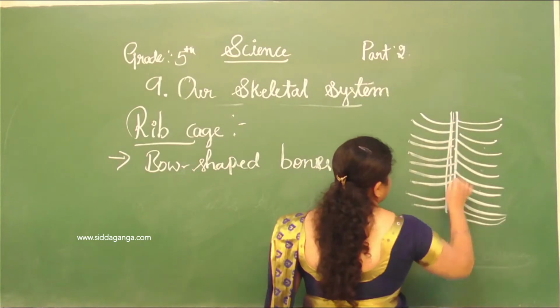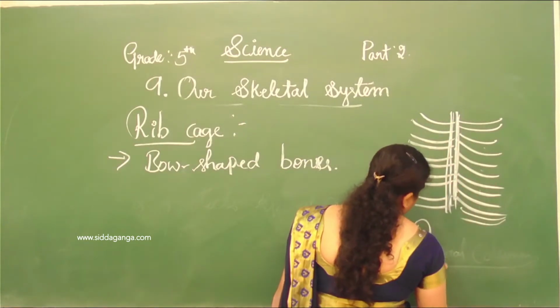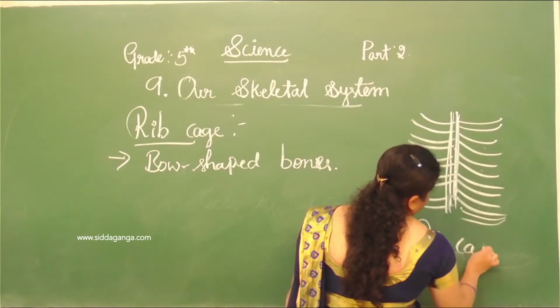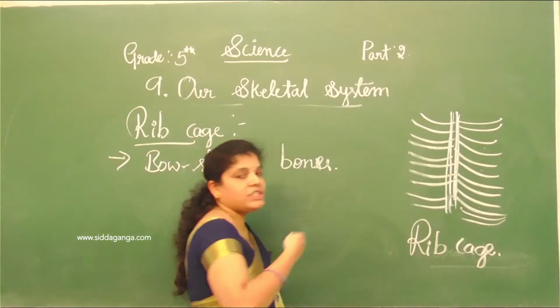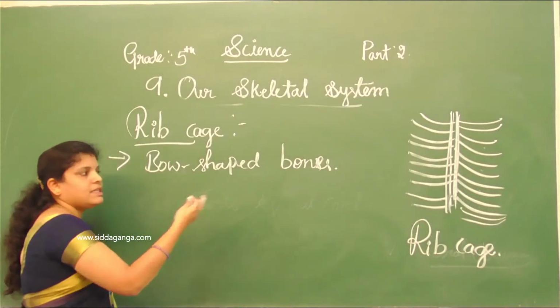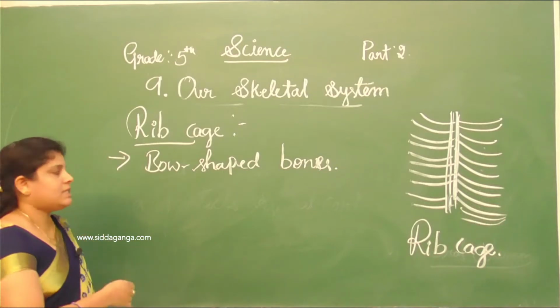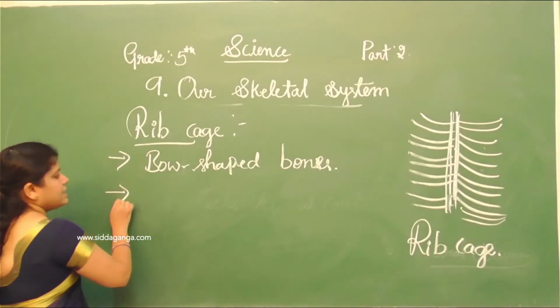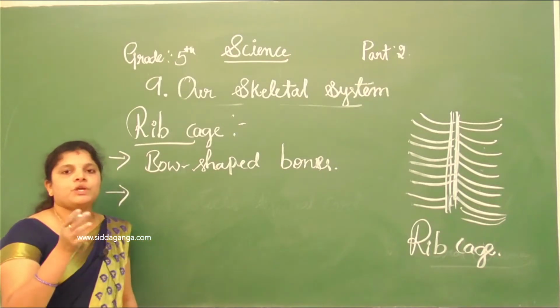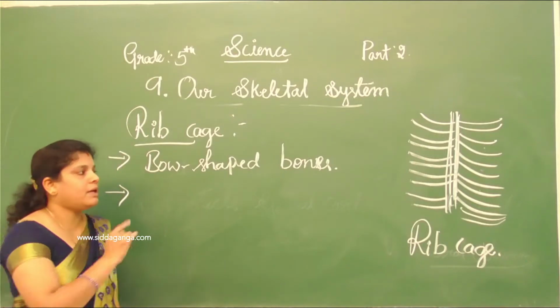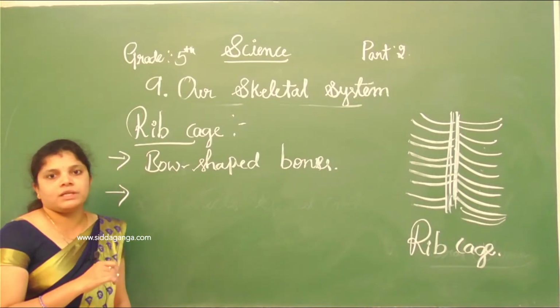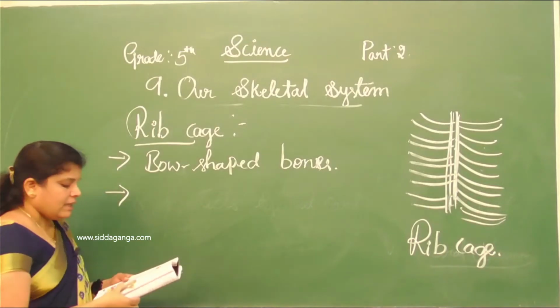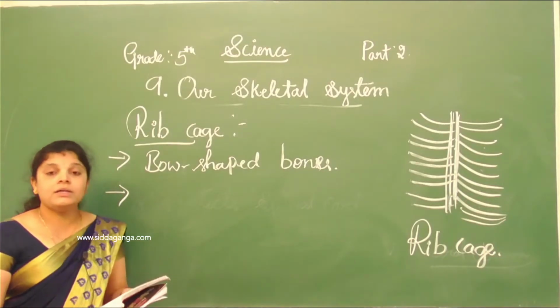See, this one is a rib cage. So ಇದು ನಮ್ಮ ಚೆಸ್ಟ್ ಹತ್ರ ಇರುತ್ತೆ. This rib cage is situated in our chest. It is bow shaped. So bow shape ಅಂದ್ರೆ so it's a curve shape ಅಲ್ಲಿ ಈ rib cage bones ಇರುತ್ತೆ. The rib cage protects our heart and lungs.